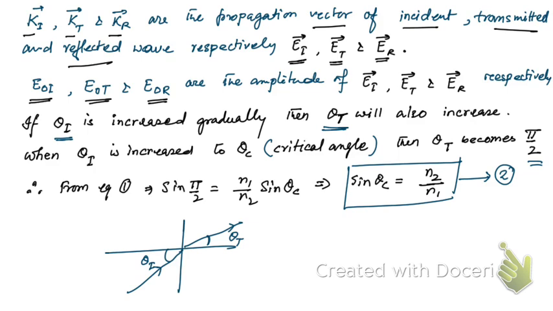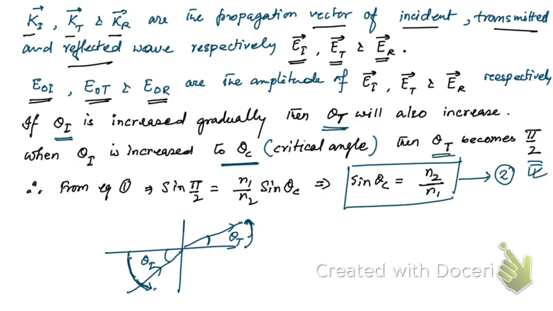So when theta I is increased gradually, theta t also increases. Theta I is increased to an angle theta c, which is known as the critical angle, such that theta t becomes pi by 2.